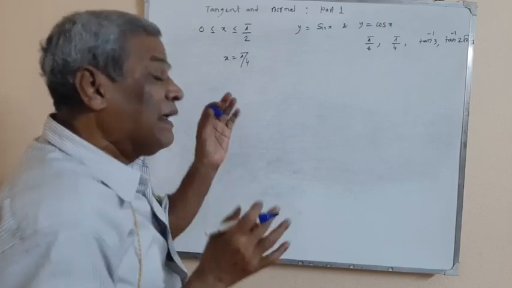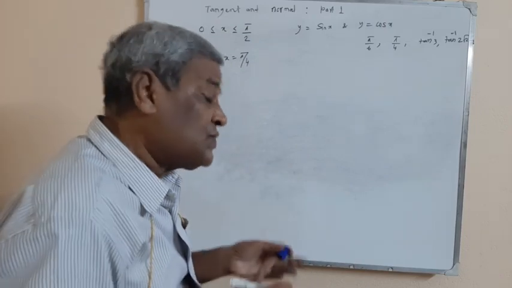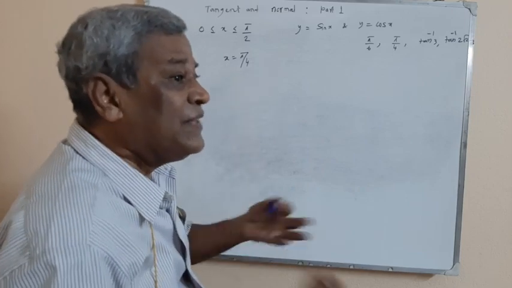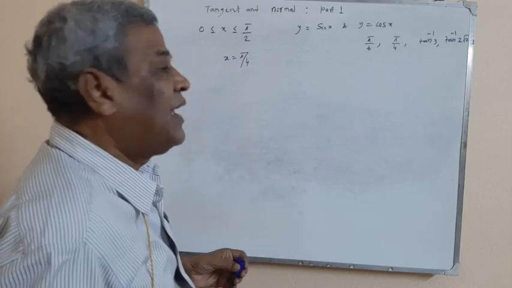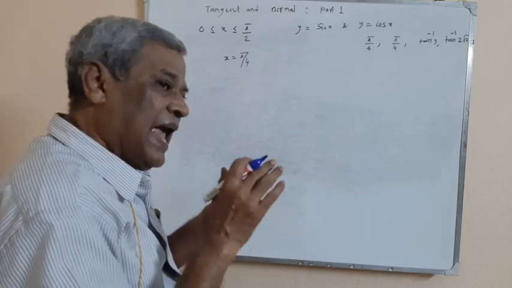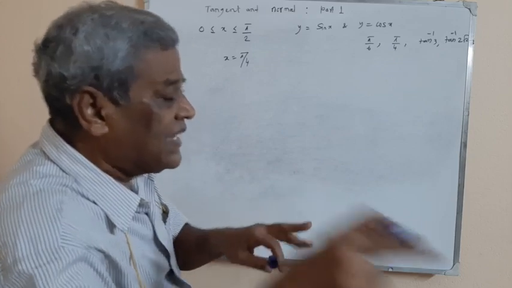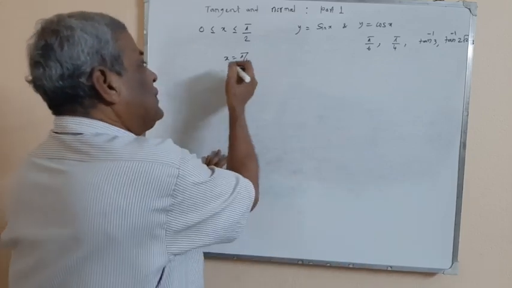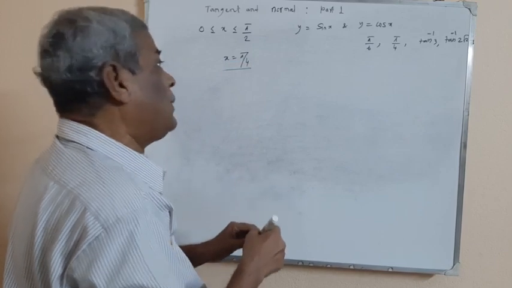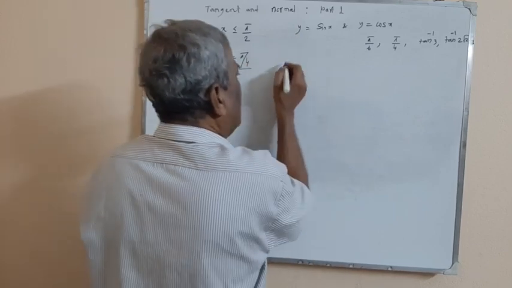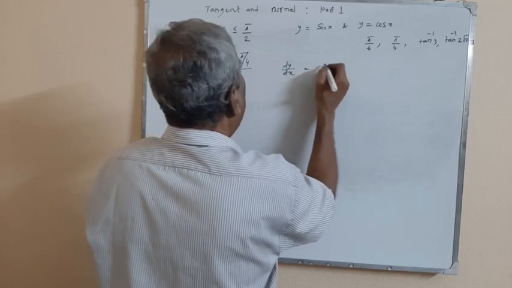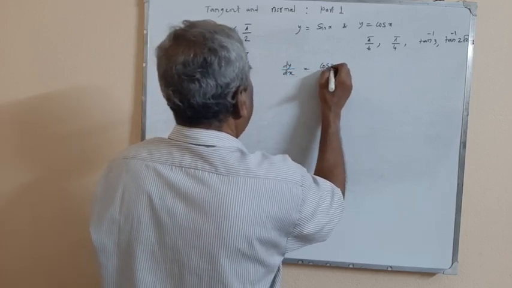We have to find the angle between the two curves. Means at that point, the angle between the curves is nothing but the angle between the tangents at that point, x is equal to pi by 4. For this curve, dy by dx is equal to cos x.